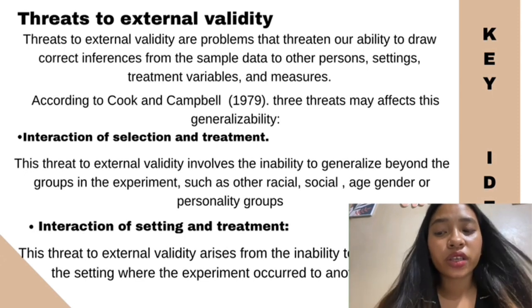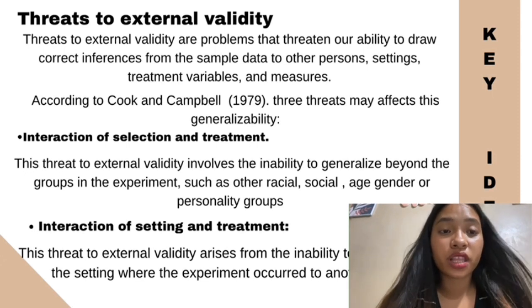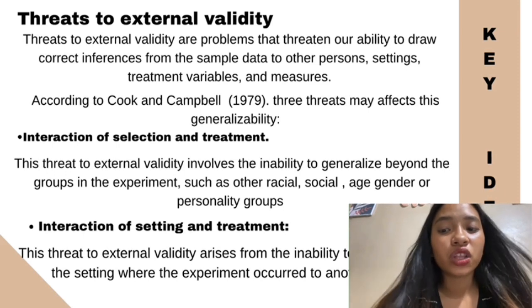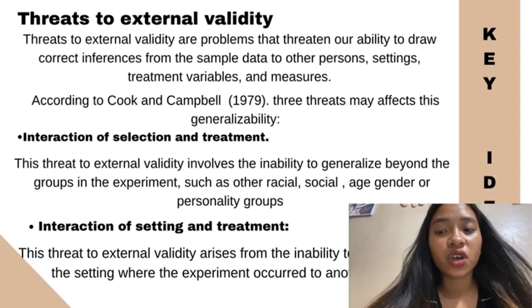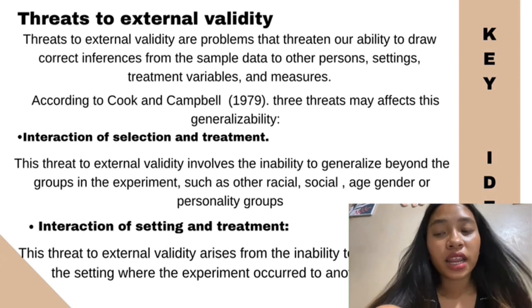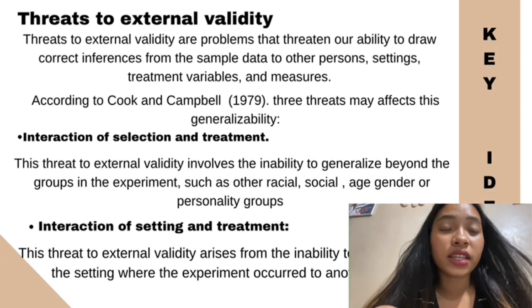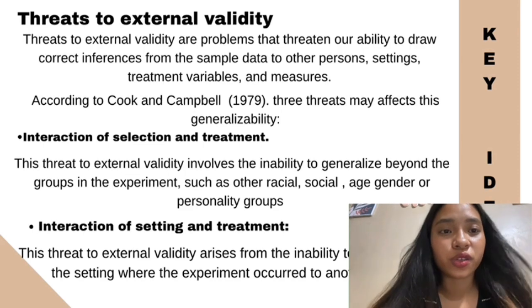So this threat to external validity develops when the researcher tries to generalize findings to past and future situations. So this threat develops when they are trying to generalize the findings to the past and the future situations.